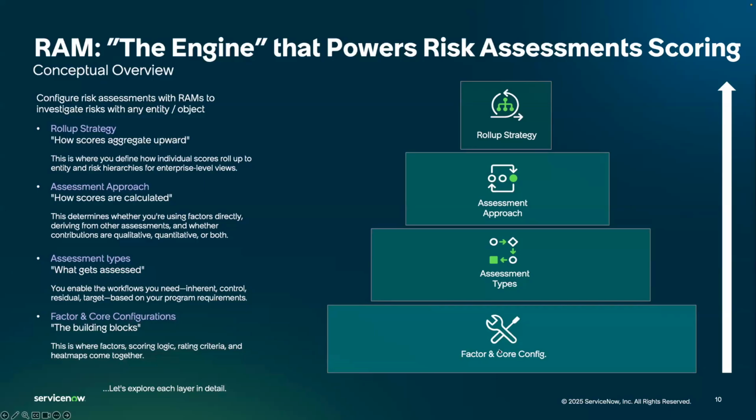And RAM core configuration answers: what are the building blocks? This is where factors, scoring logic, rating criteria, and heat maps come together. These four layers are like four questions, simple concept, but the configuration details matter. Let's drill into each layer and see exactly what you need to configure.